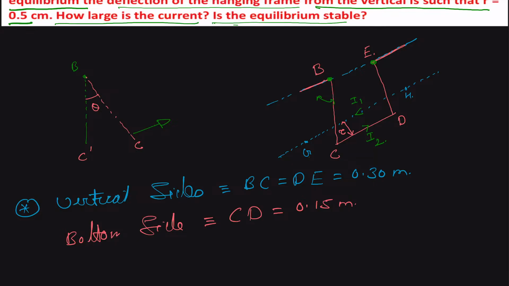And this repulsion will be because of this GH. If you look from the side, our G will be somewhere here. So it's because of the current flowing in this wire GH, there will be a force of repulsion. So we can assume that with respect to the vertical, it's making an angle of theta.